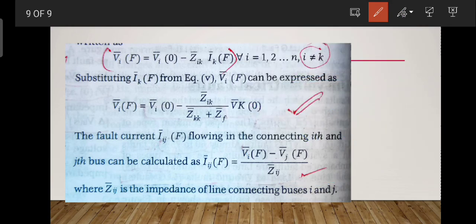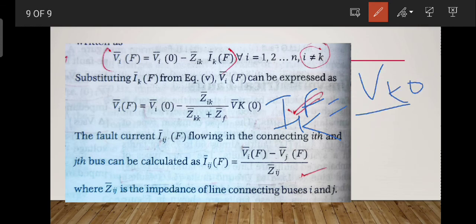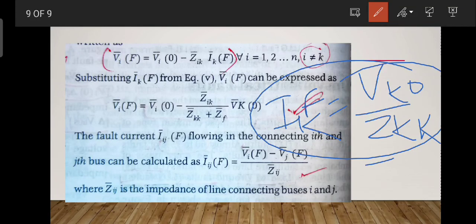In this equation, Ik fault is equal to Vk0 divided by Zkk plus Zf, the quantity Zkk is the Thevenin's impedance, the open circuit impedance of the network as seen from the faulted bus k.